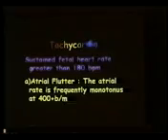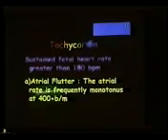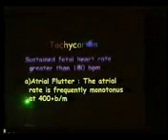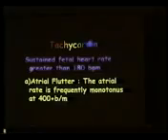When we talk about tachycardia, it is a sustained fetal heart rate greater than 180 beats per minute. In this, we have three categories. Atrial flutter, where the atrial rate is frequently monotonous at 400 plus beats per minute.